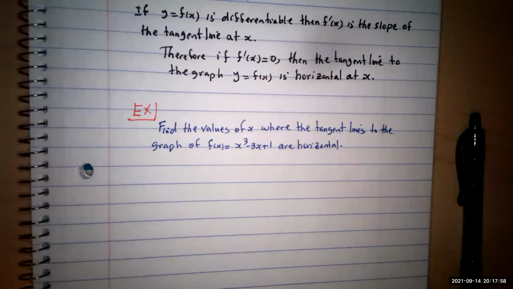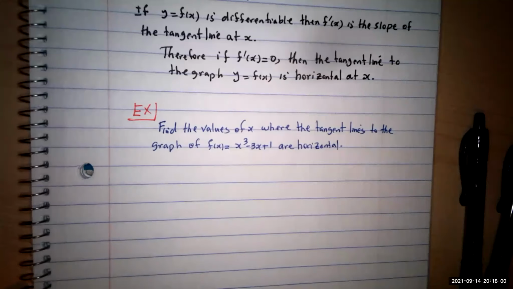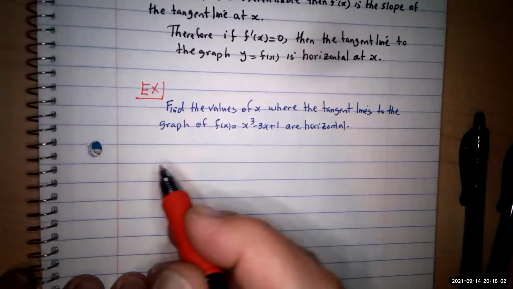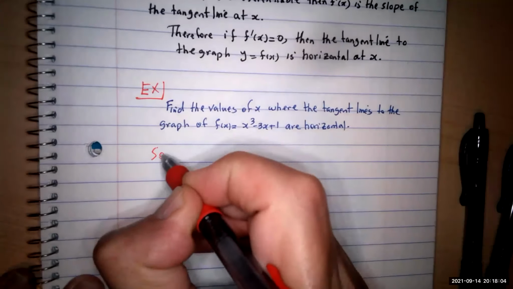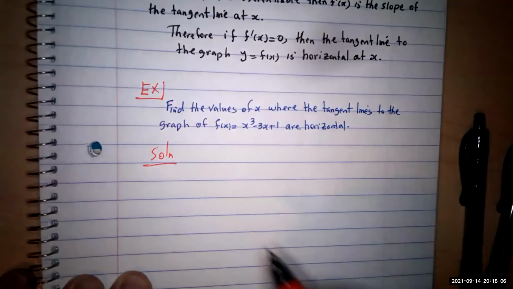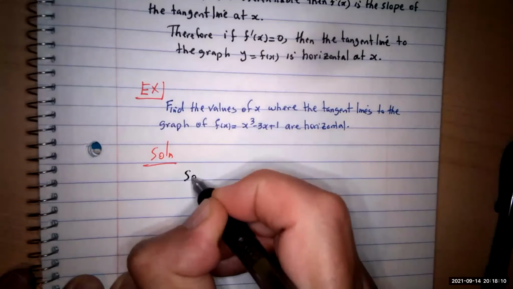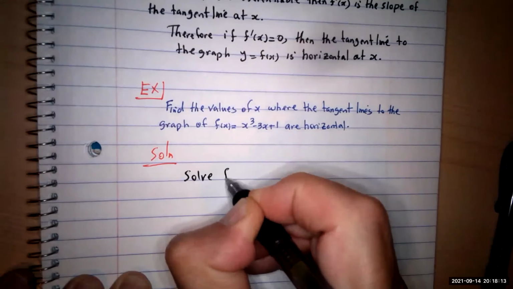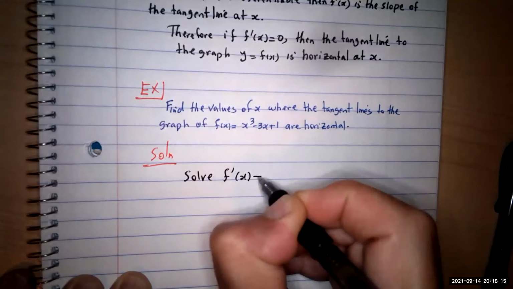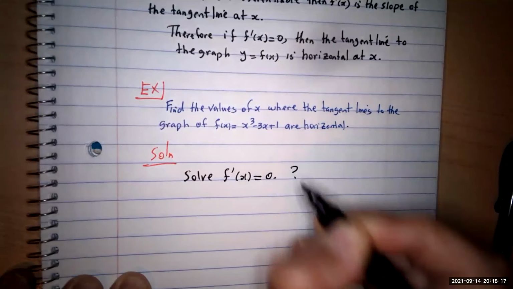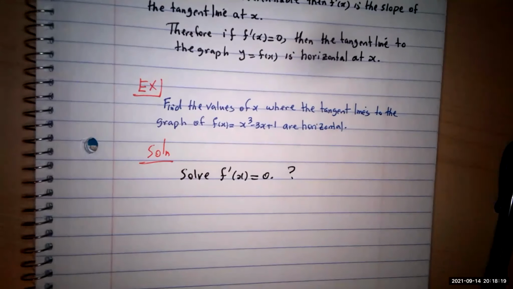So this basically means you have to check to see when the derivative is 0. In order to solve this problem, the only thing you have to do is simply solve the equation f prime of x equal to 0, because we already explained that the condition for the line to be horizontal is that the slope must be 0.